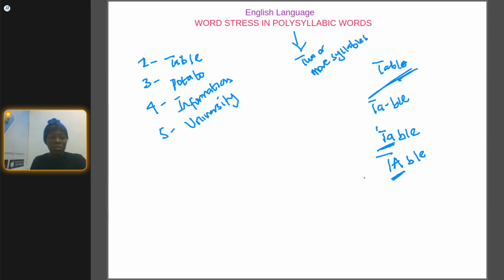I hope you understand what we mean by the syllables. For instance, the two syllable words, you can break it down: ta-ble. So you know that this is two. Potato, you know that this is three, because it means you're pronouncing in three beats. For two syllables, you pronounce in two beats. Table. Three syllables, you pronounce in three beats. Potato.